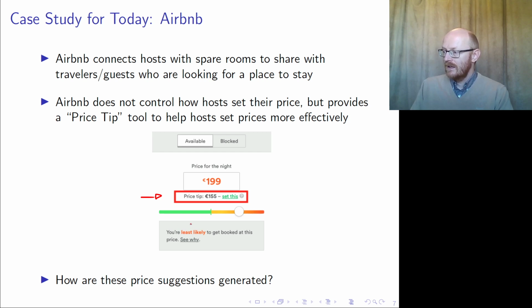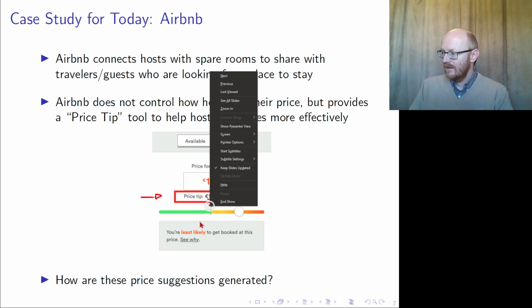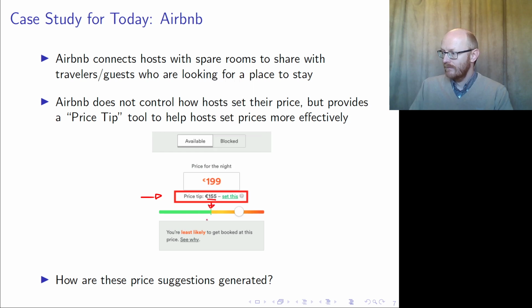Okay, because you see that according to the price tip, it's here, right? But you've set a price of 199 euros, which is here, and it's in the red, so probably you will not get many customers, even with this high price. So how does Airbnb actually create this price tip?